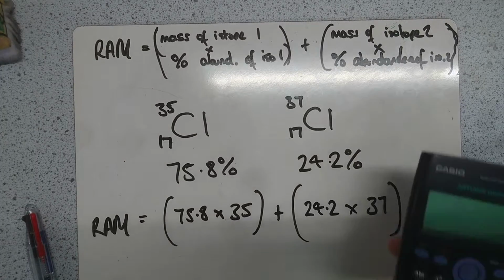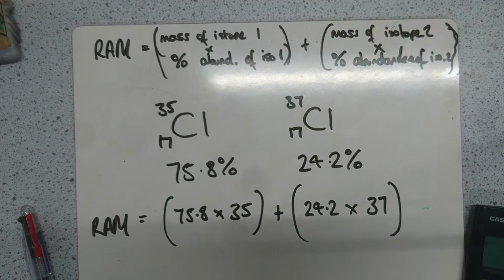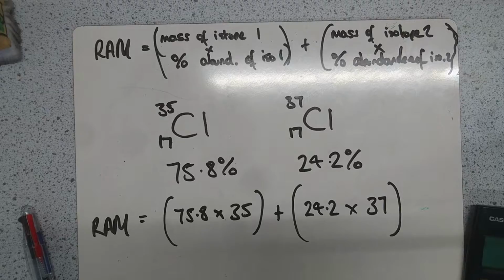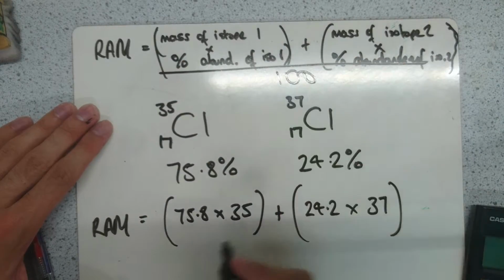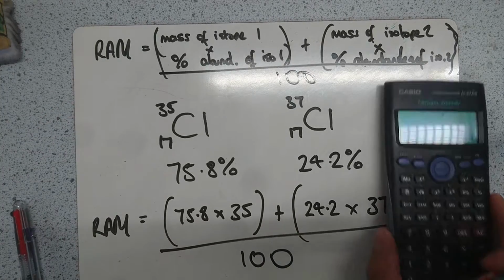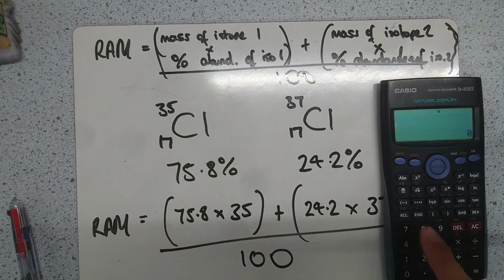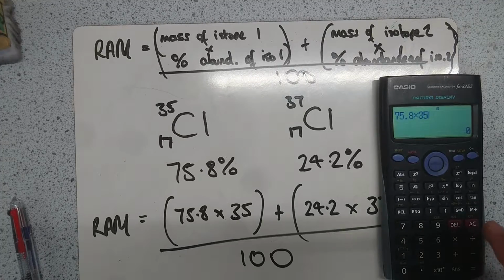So if we get a calculator, I've completely forgotten. There's chemists that are going to be watching this going, he's forgotten. Because we've done a percentage, we're going to divide this answer by 100. So 75.8 times 35.